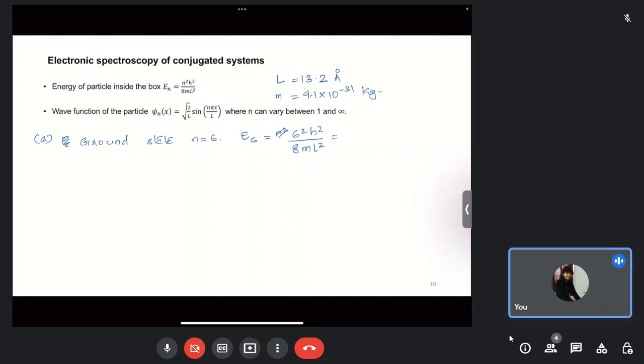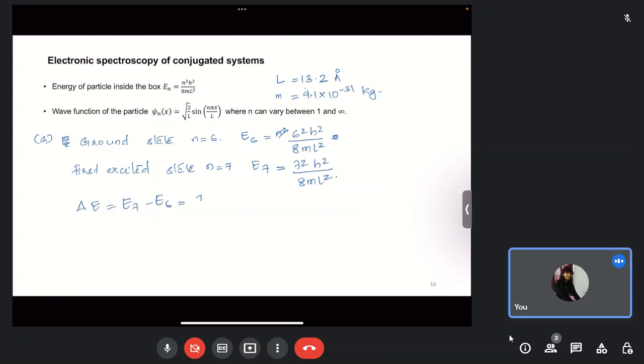Let's keep it this way, and we have to find the first excited state. The first excited state is with n equal to 7. So E7 is equal to 7 square h square by 8 m L square, and delta E is E7 minus E6.